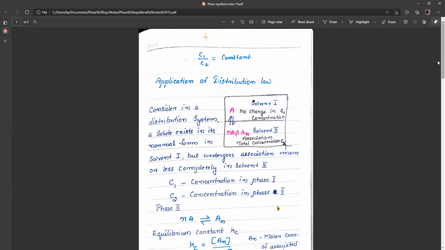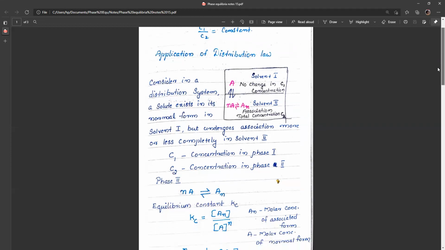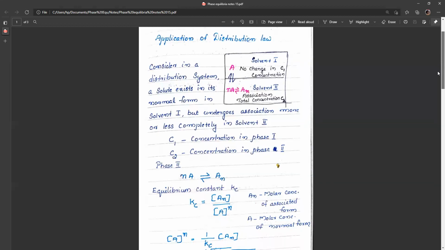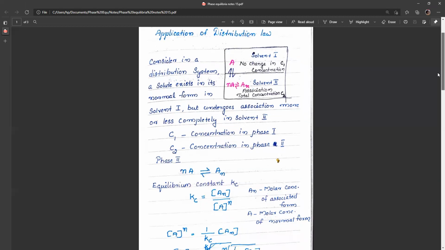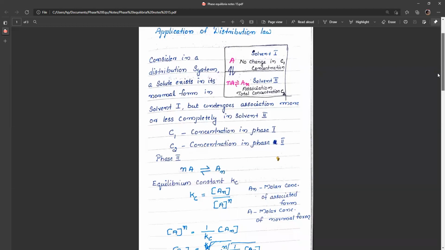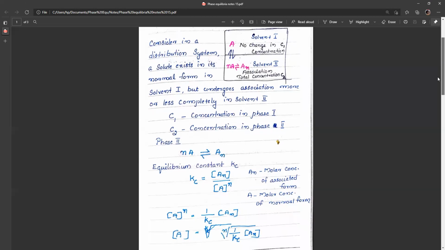The equation for association is nA gives An, and the equilibrium constant for this reaction, Kc, is equal to the concentration of products An divided by the concentration of reactants A raised to n, where An is the molar concentration of the associated form and A is the molar concentration of the normal form.